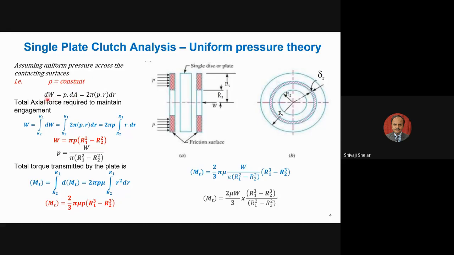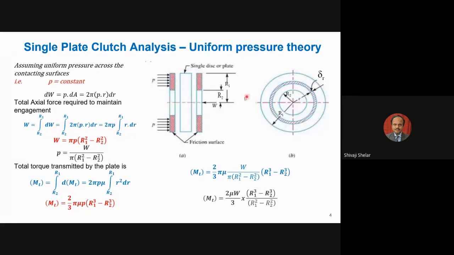We know dW is equal to PdA, that is equal to 2 pi P r dr. Now, to determine the total axial force requirement, this is the force required to keep your friction plate in engagement with the driving shaft. This is the force to be developed by the actuating device, which here is normally the spring. So this much force the spring has to provide on a small ring here.